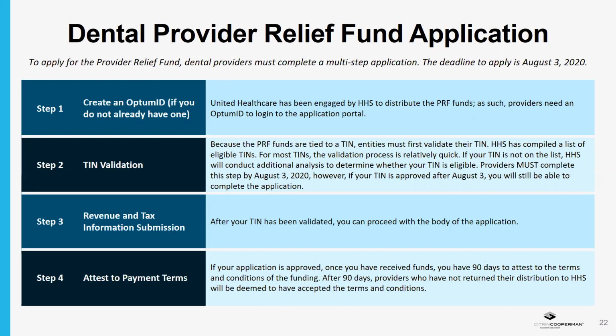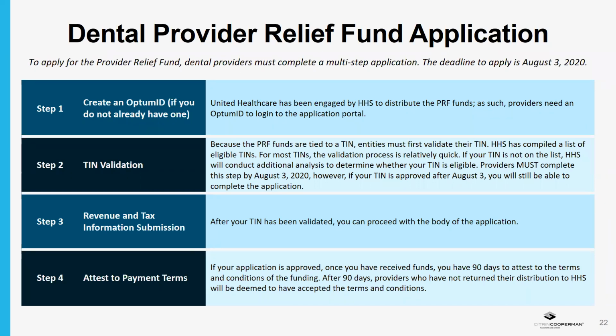Another thing that is required in the application is your payer mix. So if you provide Medicare or treat Medicare patients, they're going to want to know parts A, B, and C. If you provide any Medicaid services, and then they're going to take a look at your commercial insurers and your self-pay. So you're going to need to have this information handy when you're filling out your application.